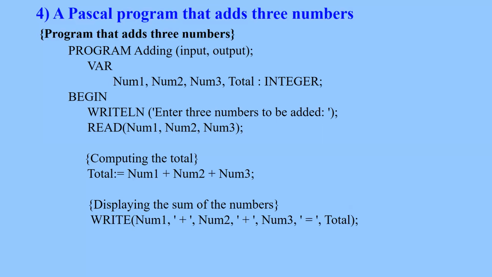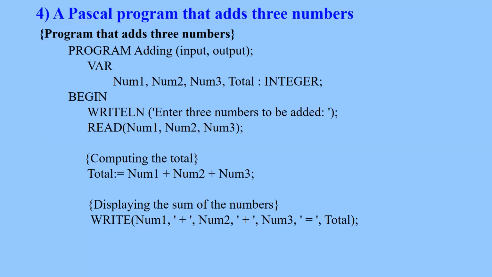So this statement tells the processor to write out on the current line of the screen what was entered as the first value, followed by the addition sign. That's why it is in quotes. Once it is in those single quotes, it indicates that it is acting as a character.